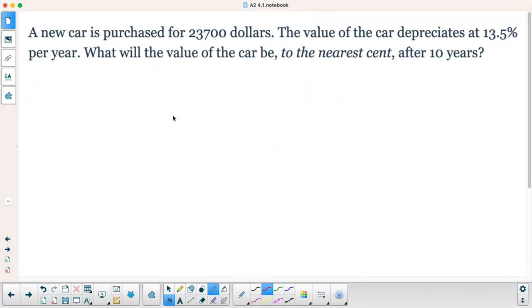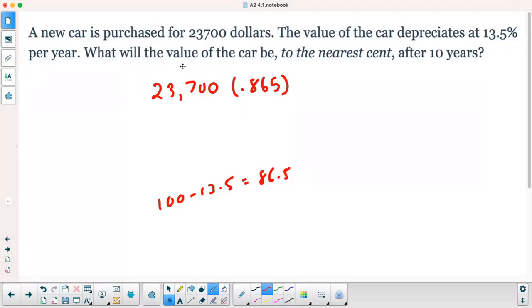A new car is purchased for $23,700. It depreciates at 13.5%. So you got to do 100 minus 13.5 and I get 86.5. So I'm going to times it by 0.865. What will the value of the car be to the nearest cent after 10 years? I got to multiply it 10 times.